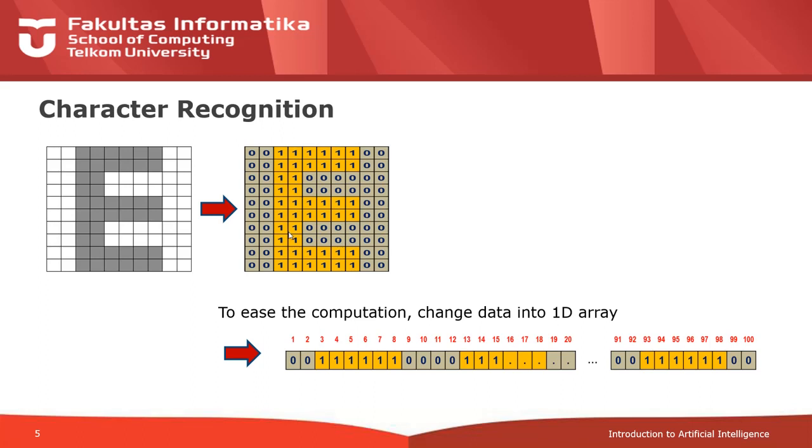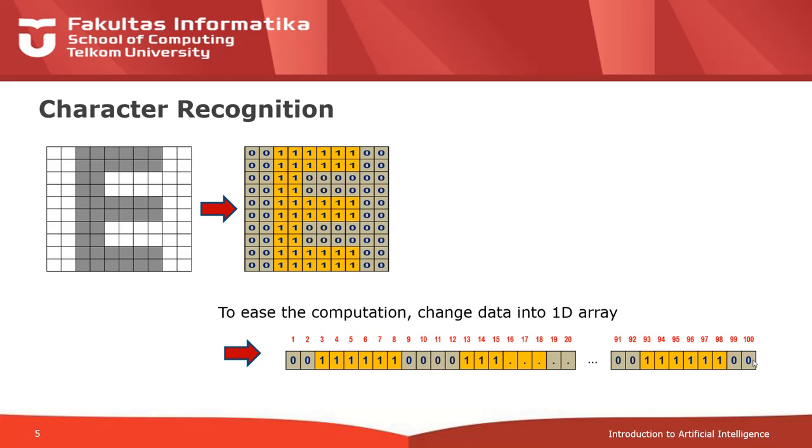Okay, and to make it easy, because we are dealing with input attributes, let's change this into a one-dimensional array. So instead of 10 pixels by 10 pixels, now we have 100 attributes, from the first pixel here to the last pixel here.